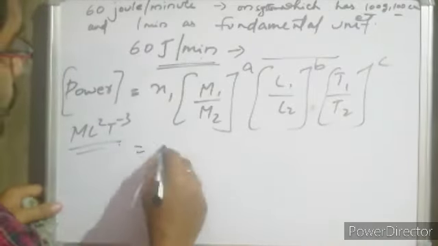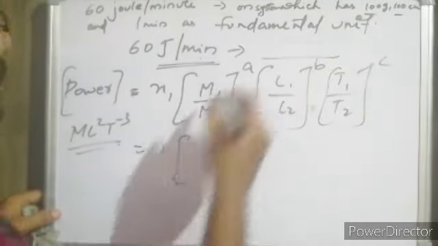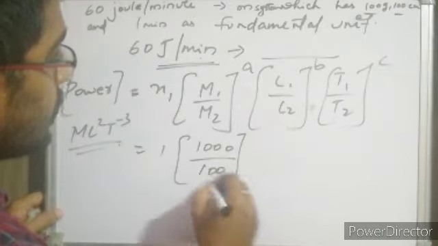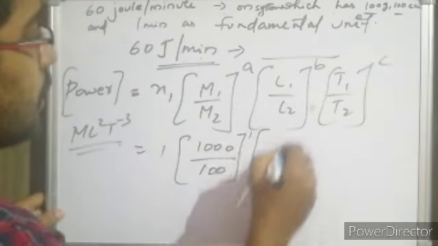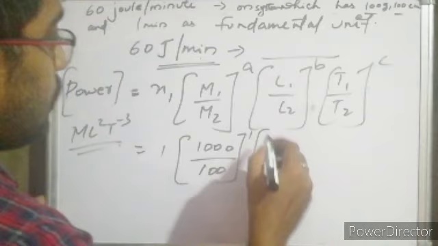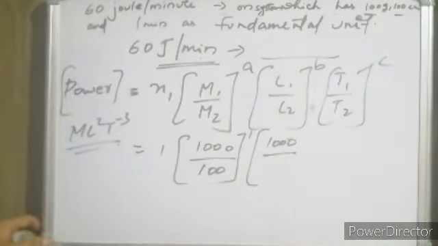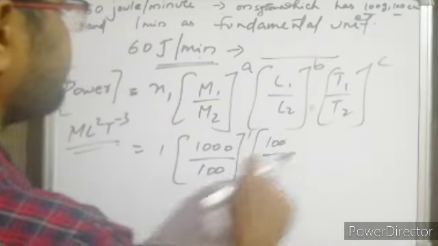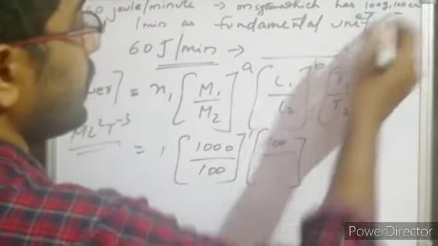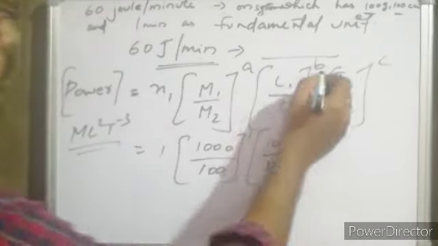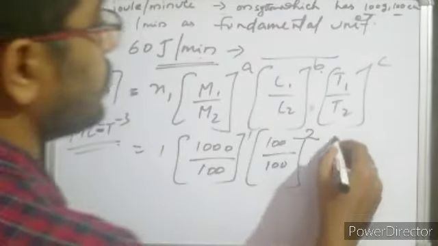So here N1 is 1 into M1, 1 kilogram, which is equal to 1000 gram divided by 100 gram to the power A, that is 1, into L1, 1 meter, which is equal to 100 centimeter divided by 100 to the power B, so that is 2, so it is L square, so B is equal to 2.